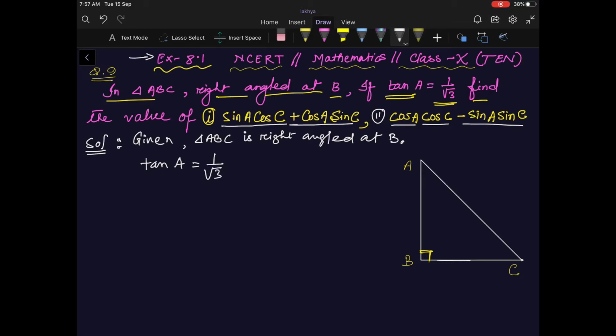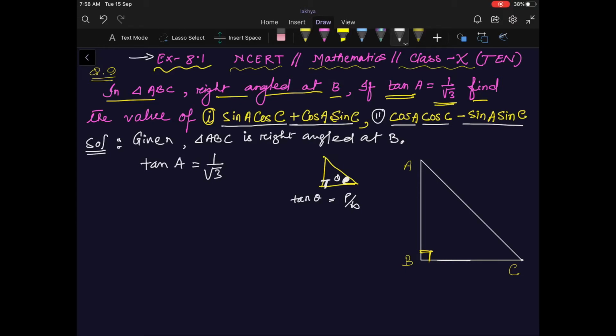Suppose we have a right angle triangle, and this angle is suppose theta. Then tan theta is given by perpendicular by base. This is theta and this is the right angle.